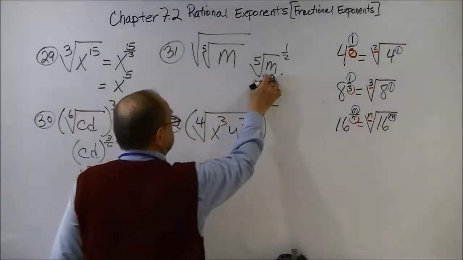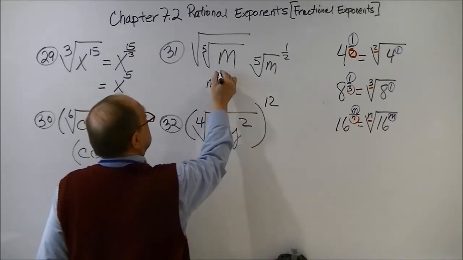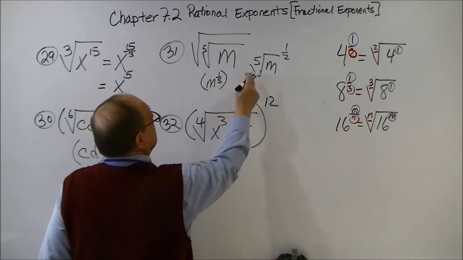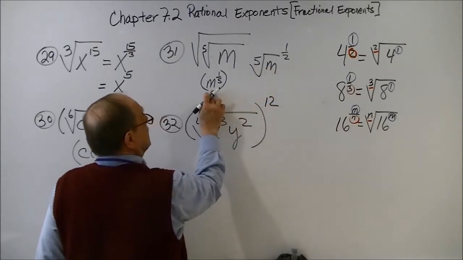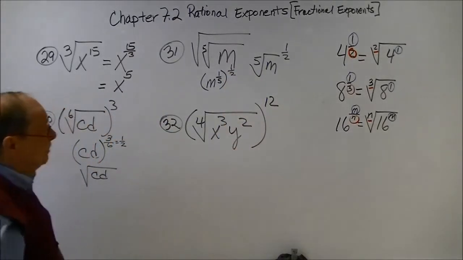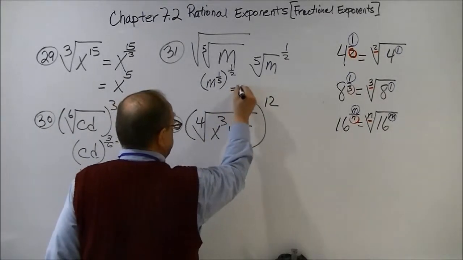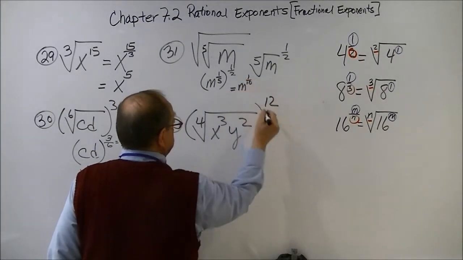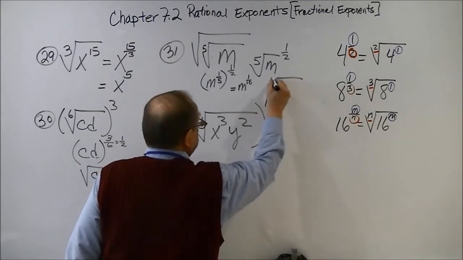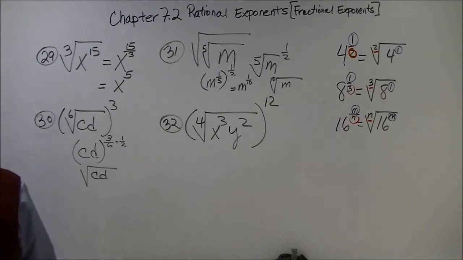So if I put this inside a parenthesis, this becomes m to the 1/5, converting this to its fractional exponent form, raised to the 1/2. So now this becomes m to the 1/10, or the 10th root of m.